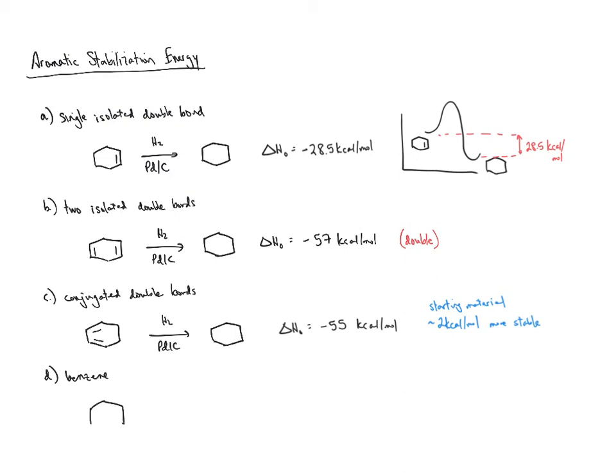So with benzene, we have 3 double bonds in conjugation with one another. So again, we're going to form cyclohexane. Delta H naught for benzene is minus 50 kcals per mole.